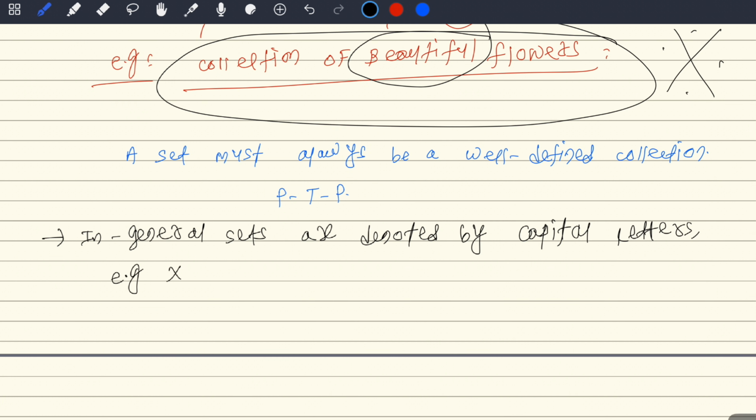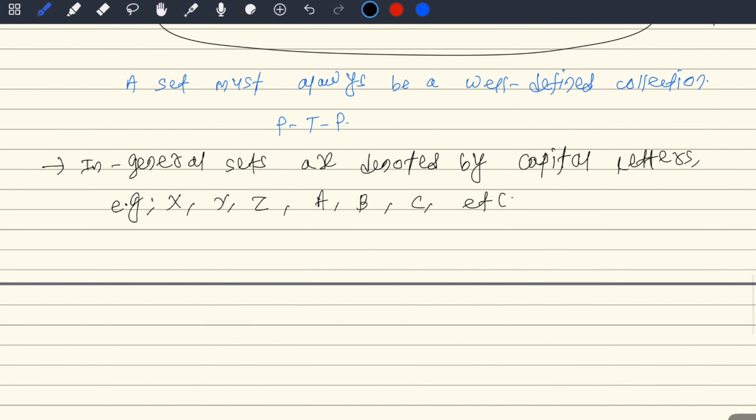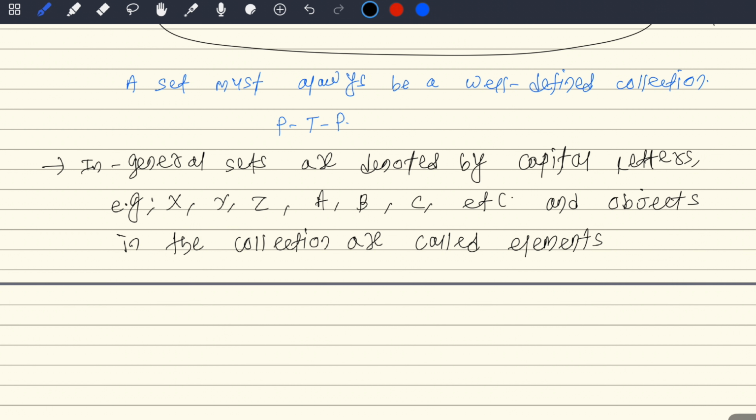For example, capital X, Y, Z, A, B, C, etc. And objects in the collection are called elements and denoted by small letters.